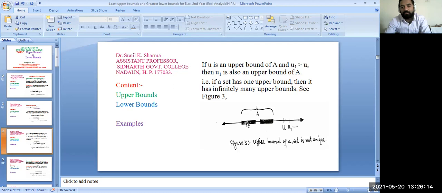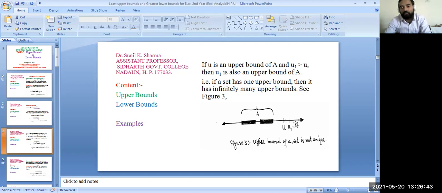You can see in this picture, A is a non-empty subset of R, and U is an upper bound. Why do we say U is an upper bound? Because all the elements of A are to the left of U. Or in terms of inequality, we can say all the elements of A are less than or equal to U. That is, x is less than or equal to U for all x belongs to A. U1 is also an upper bound of this set A. It means U1 also satisfies the same condition.